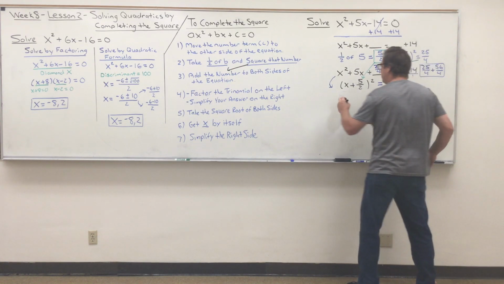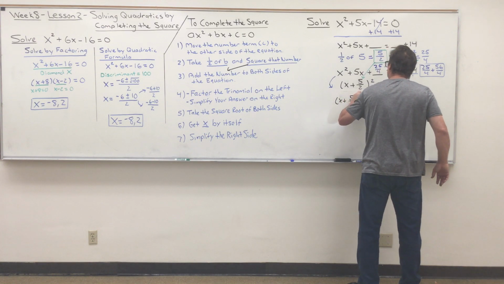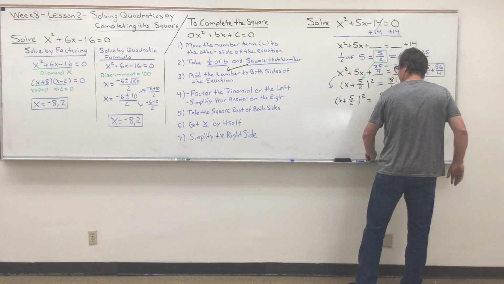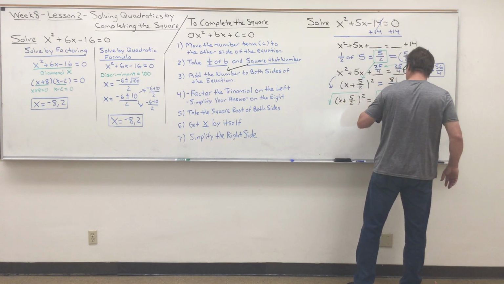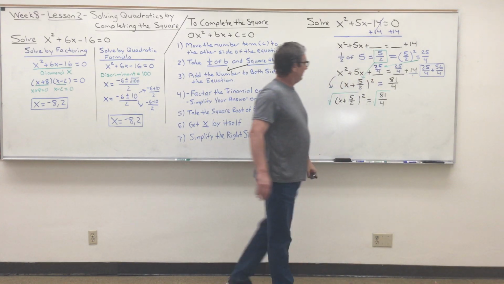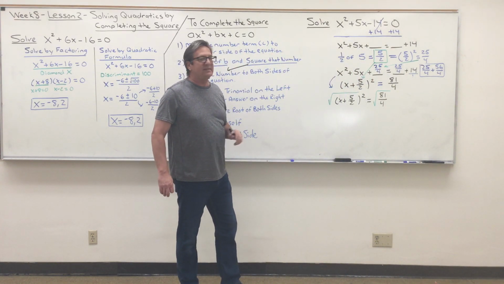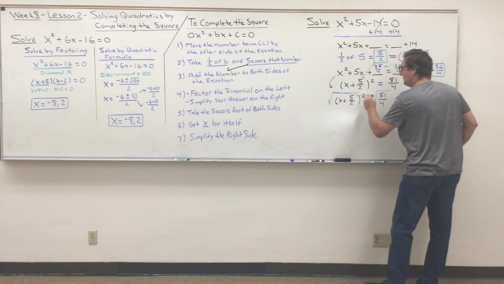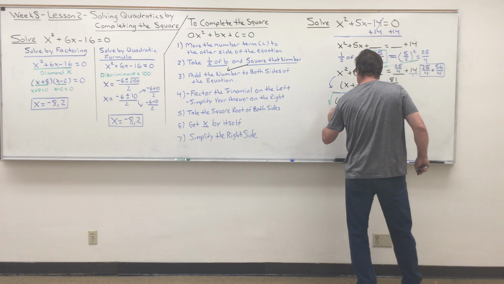So let's write the problem again. Been doing that in blue. I just picked up the green marker. And remember, this doesn't change. Square root and square cancel each other out.